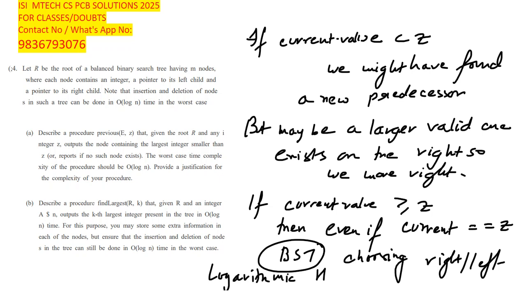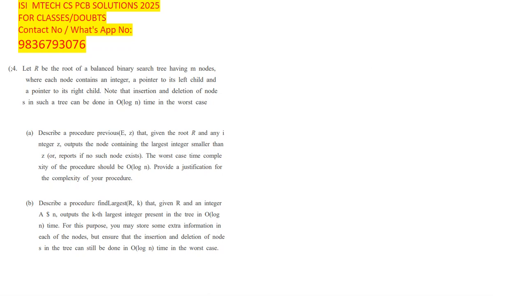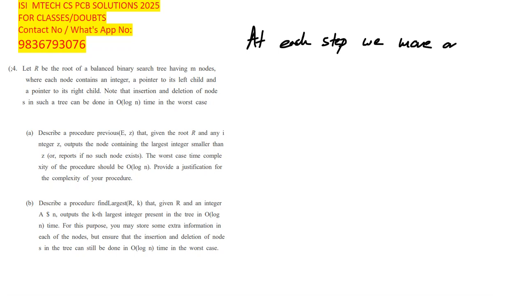Okay, so there is a time complexity justification here. What is that? At each step, we move one level down the tree.